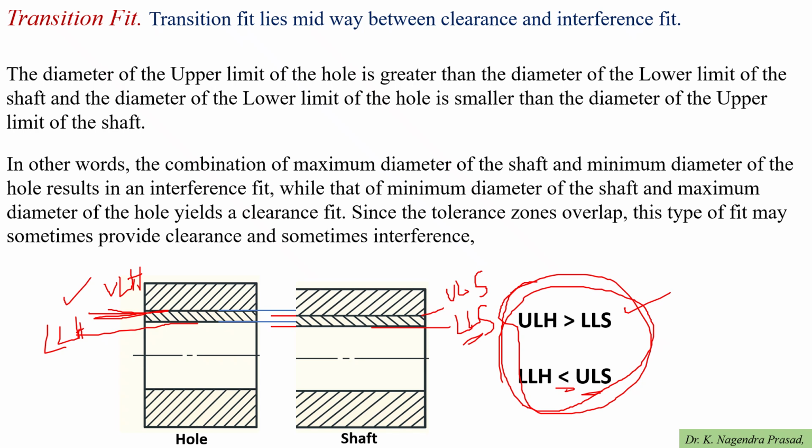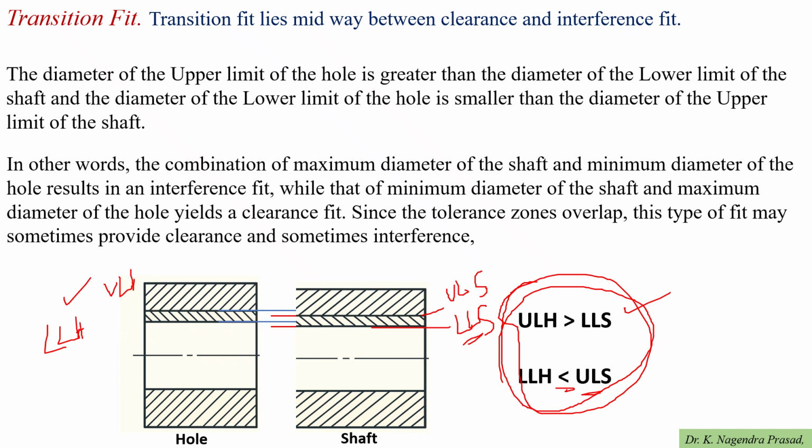And moreover, since the tolerance zones overlap, this type of fit may sometimes provide clearance and sometimes provide interference. See, this is the tolerance zone for the hole, and similarly this is the tolerance zone for the shaft. So the tolerance zone for the hole and the shaft overlap.